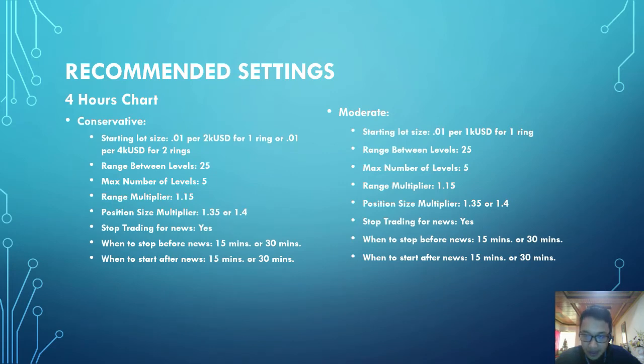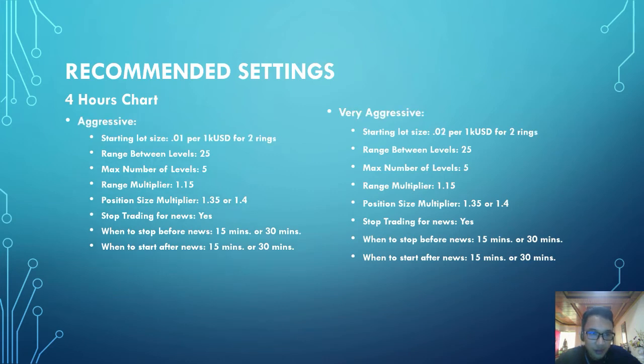That's the moderate settings. Then the range level would be the same as the daily chart. Then for aggressive, that's 0.01 per 1k USD for 2 rings. The settings below are still the same. For very aggressive, your starting lot size would be 0.02 per 1k USD for 2 rings.